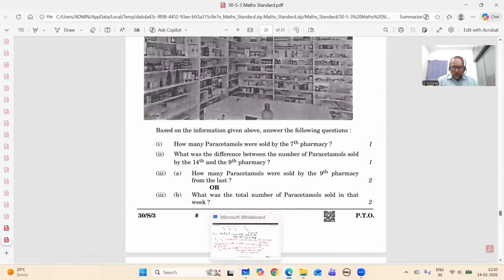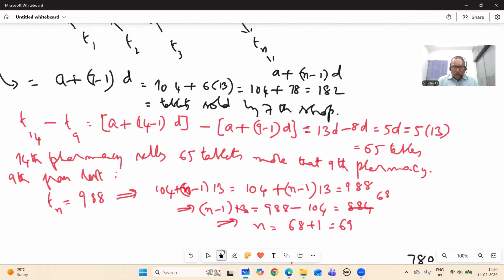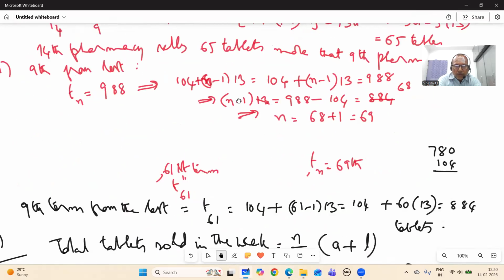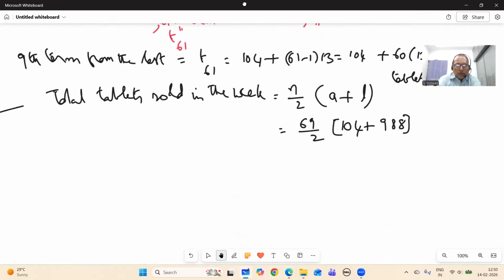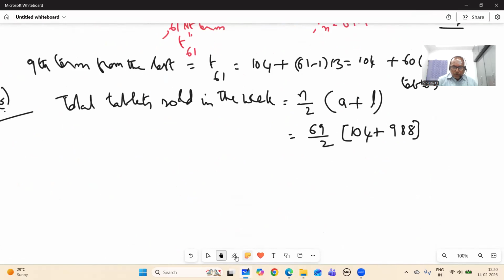So we have to substitute. A is 104, L is 988, n is 69. Simplify this.